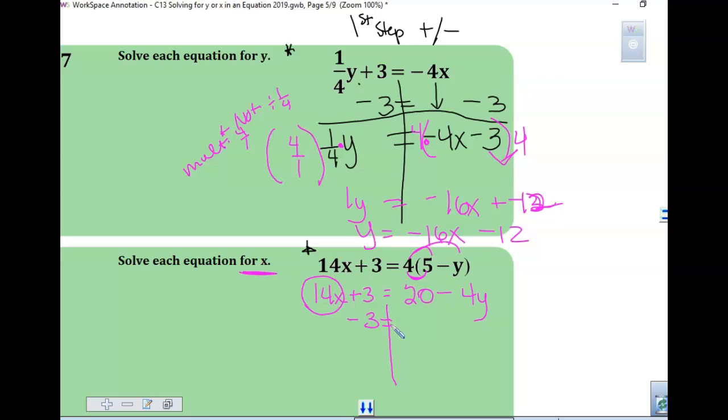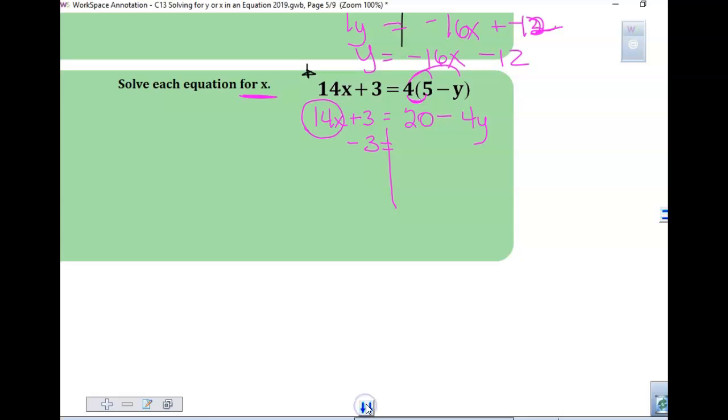Where should I subtract my 3 on this side of the equal sign? Behind the 4y. So are these like terms? The 3 and 4y, are they like terms? Or is 20 and 3 like terms? Do you see where it makes a difference where I put it? Which ones look alike?